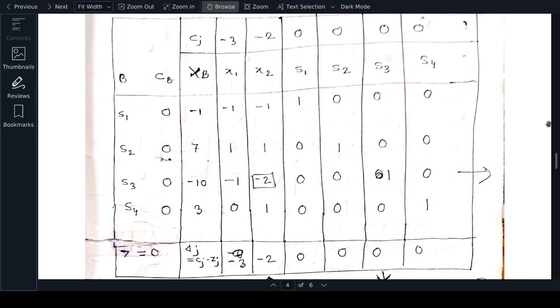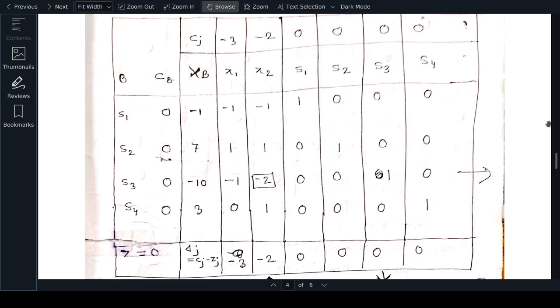So how do we find the ratio for the key row? You see, for the key column, the first one is -1, so -1 and -3. We find delta J divided by the corresponding element of the key row.